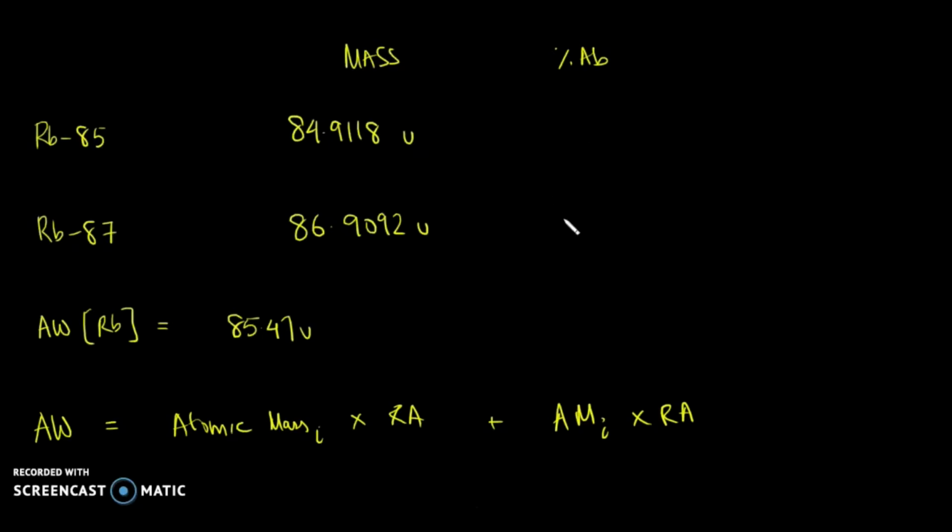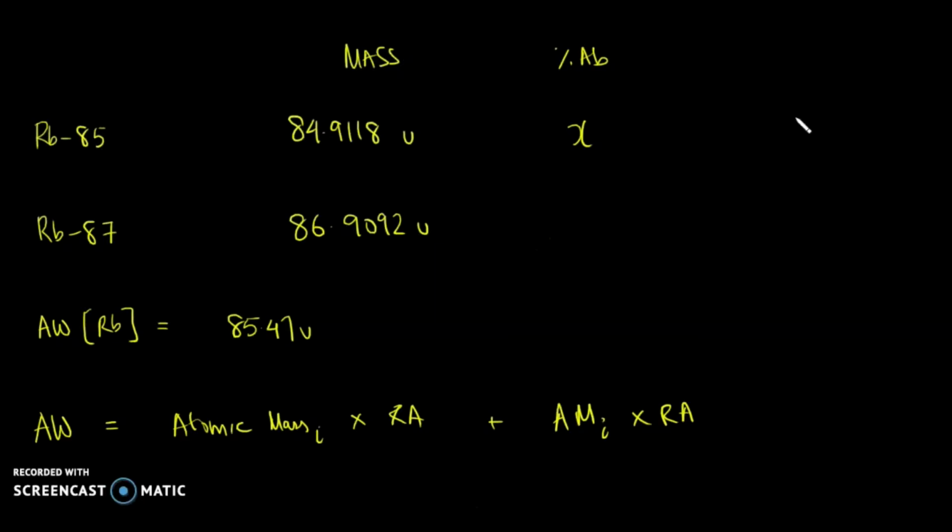We don't have either of the percent abundances for the two isotopes, so we have two unknowns in our equation. So how do we go about solving this? What we can do is define rubidium-85 to have a percentage abundance of x. We can say that rubidium-85 has x percent abundance.